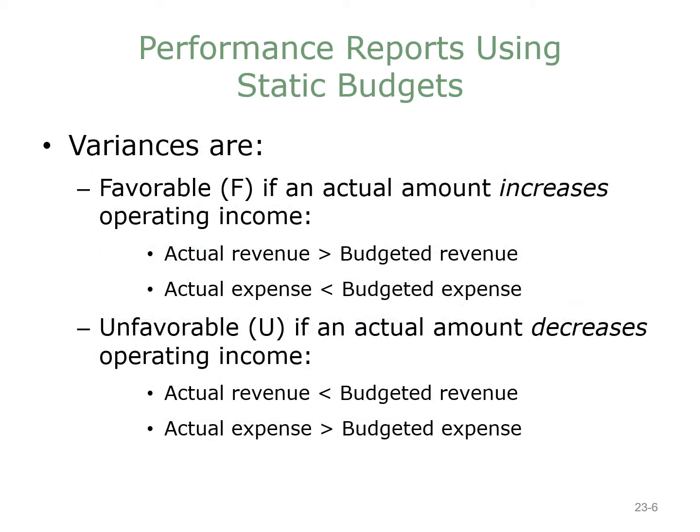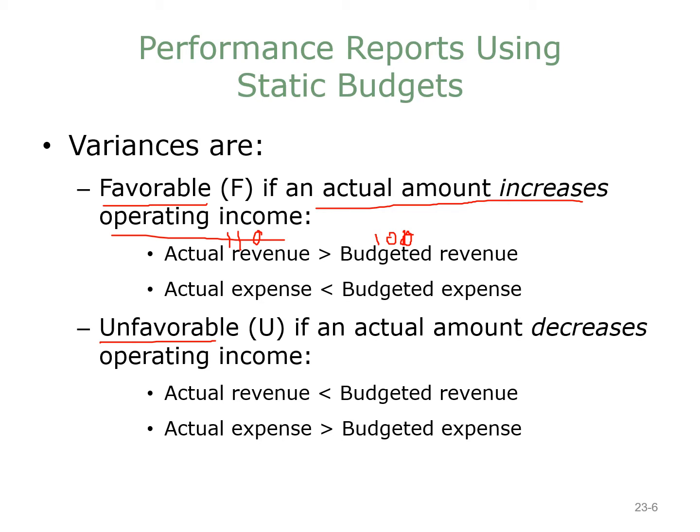As you can see here, the variance may be favorable or unfavorable. Favorable if the actual amount increases the operating income. For example, I budgeted $100 revenue, but the actual came 110. So the actual revenue is more than the budgeted revenue, and this is a good thing that happened.